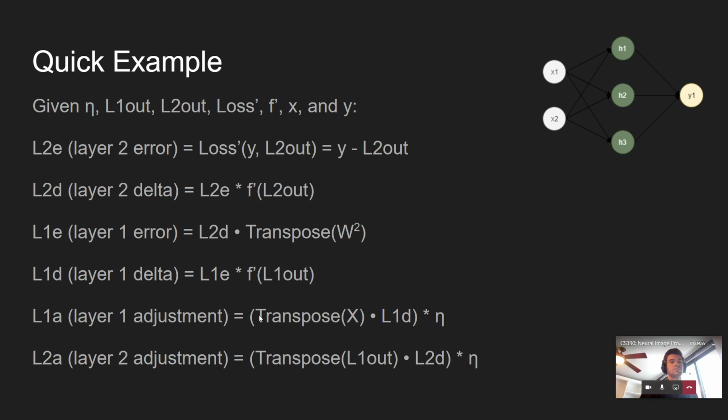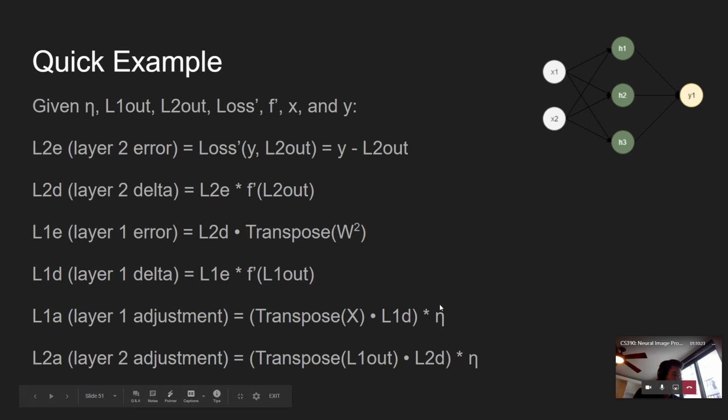In this case, we have our transpose of x, so that's going to be this. And we're going to dot product that with our L1 delta. And for our layer 2 adjustment, same thing, except the input of that was L1's output, so we can put that in there, and dot product by L2 delta. And for both of these, we're multiplying by our learning rate.